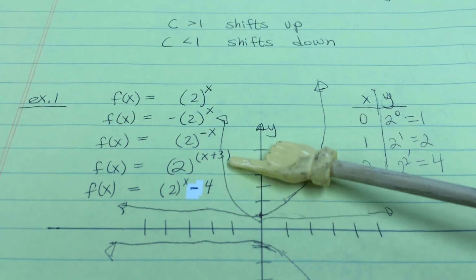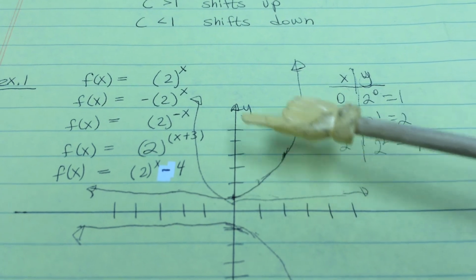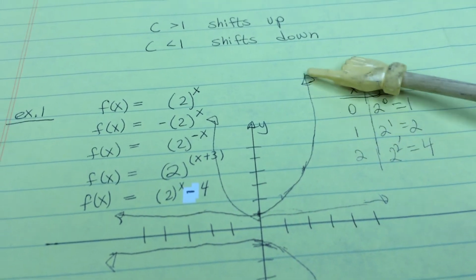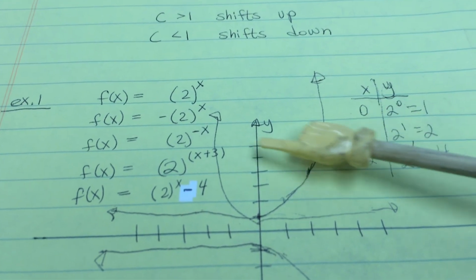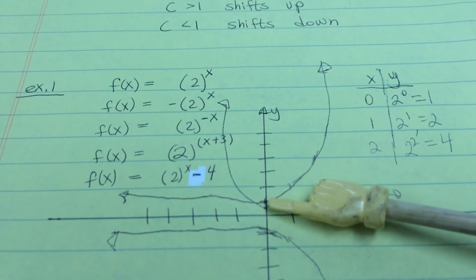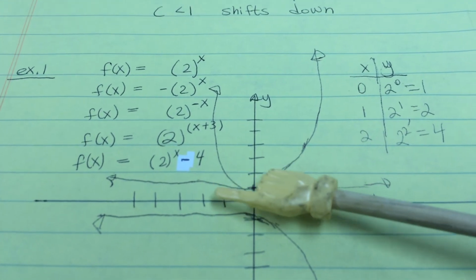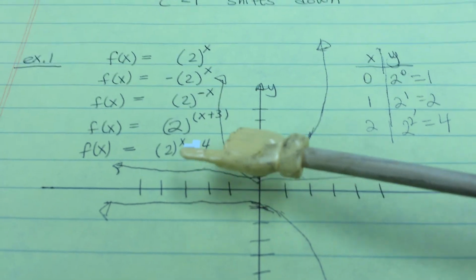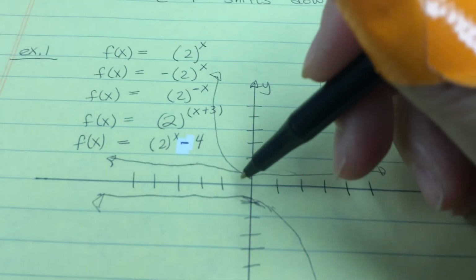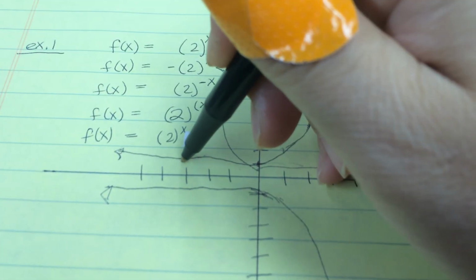Negative 3 means we're shifting this whole graph, which is originally this graph right here, 3 spaces to the left. I usually just go like this as being the key point. I would just move from here 1, 2, 3. That's going to be the belly of that graph. I call this the belly because that's the point that's going to move.